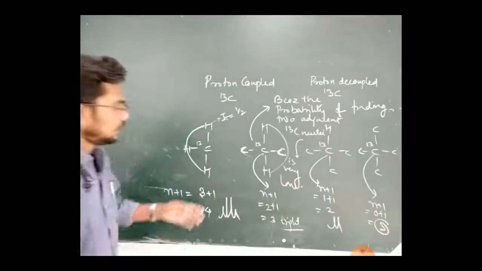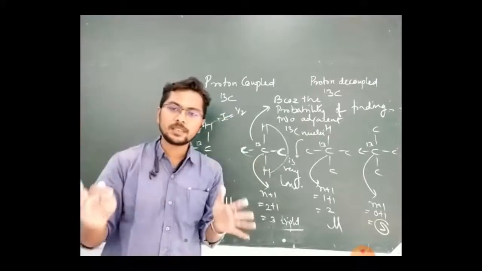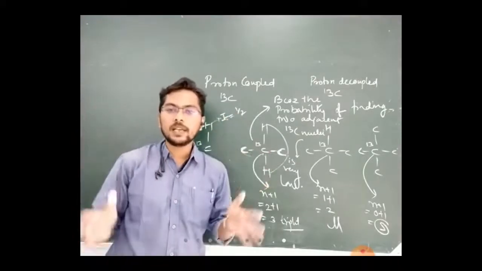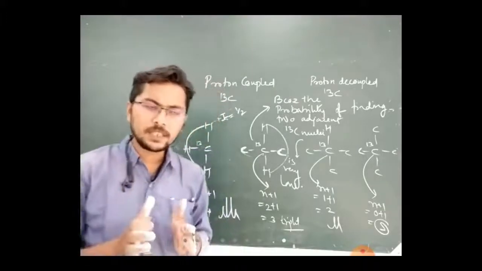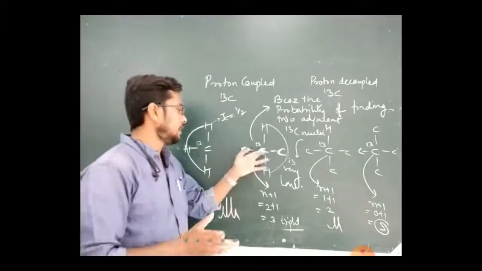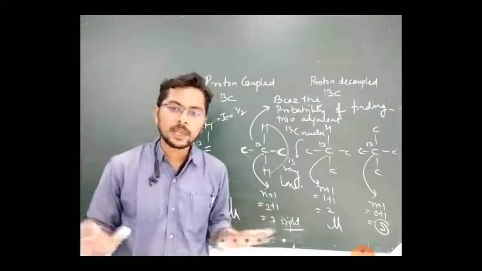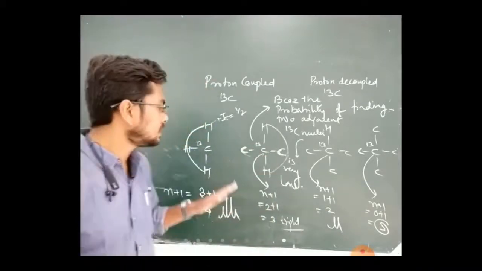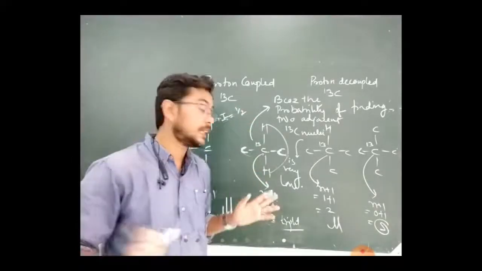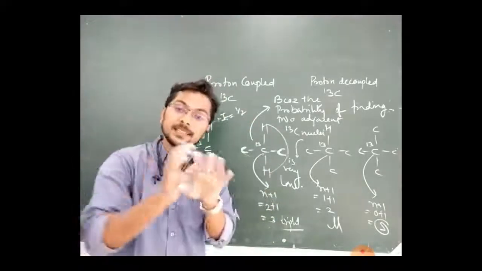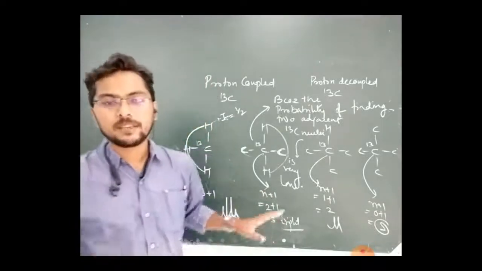That means the probability of this carbon and this carbon, or this carbon being 13C, is very, very low. Already I said that carbon 13 is very less abundant. It's only 1%, and on top of that, even if it is present, the adjacent carbon atoms will not be NMR active. In some case there is 1% probability that it may appear, in that case they will give further splitting, but it's very, very difficult to get it.